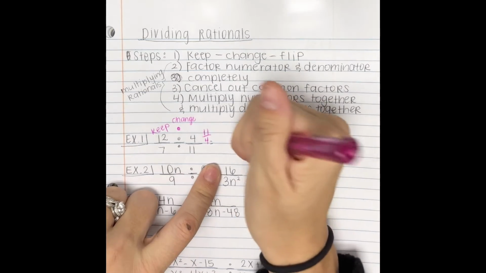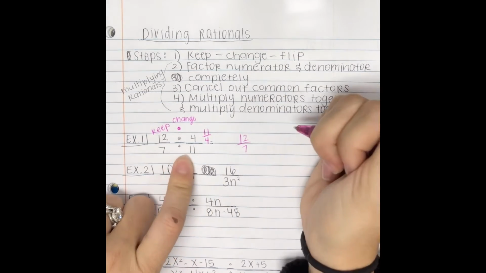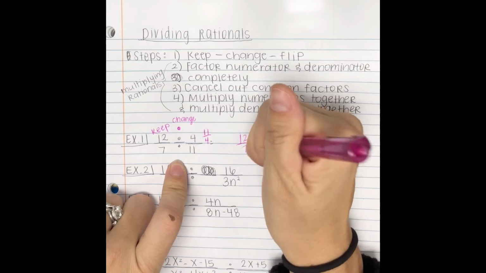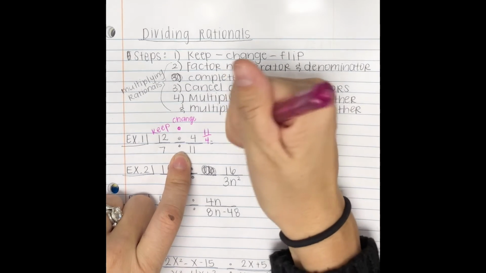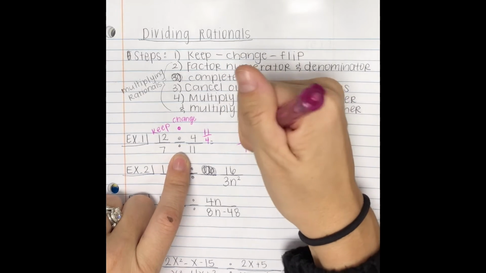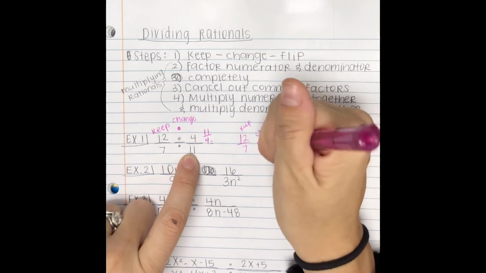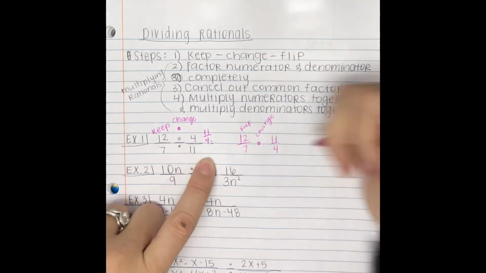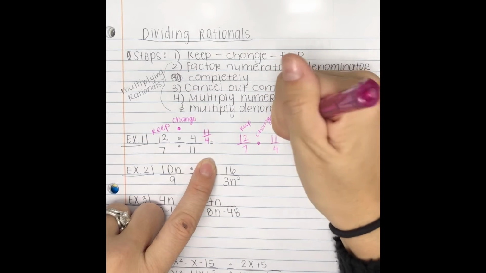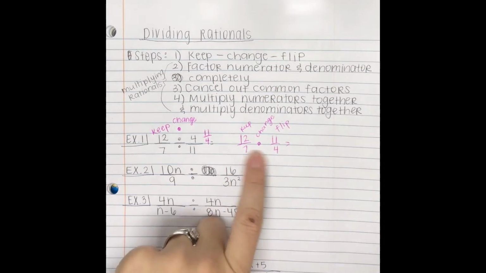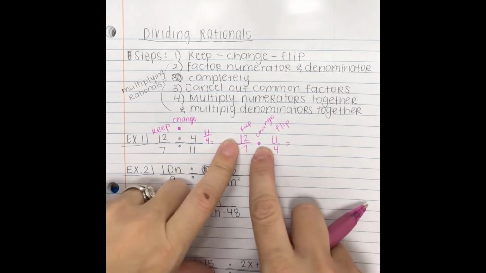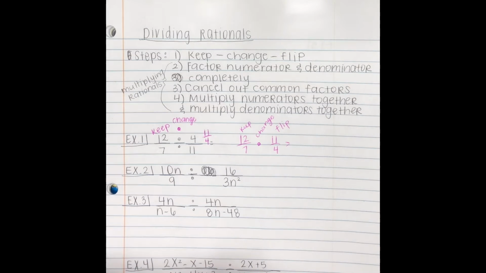So we kept 12 over 7. That was our keep. We changed it to multiplication. So keep, change, and then we're going to flip 4 elevenths to be 11 fourths. Okay, so this is now our new problem, and now it's just a multiplication problem like we looked at yesterday.